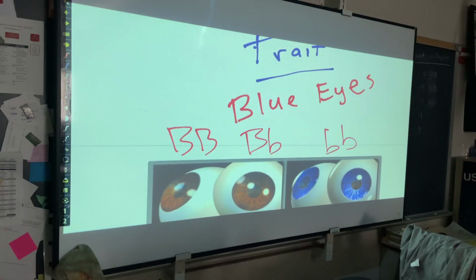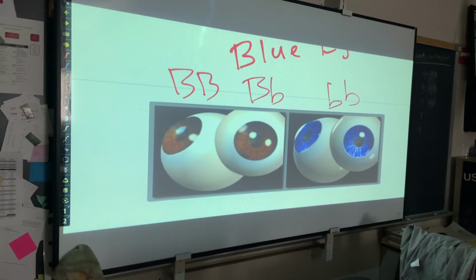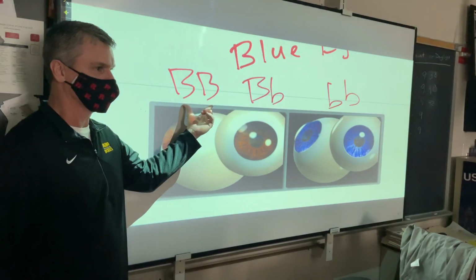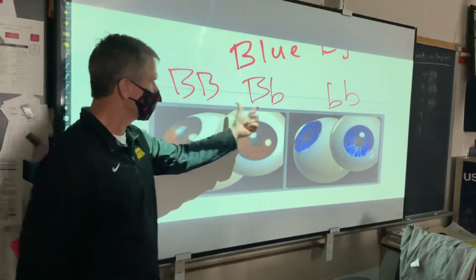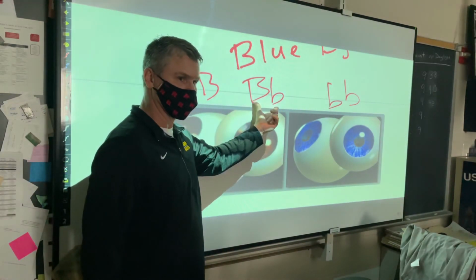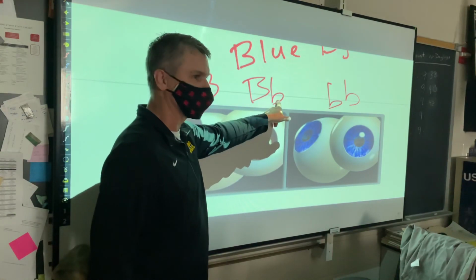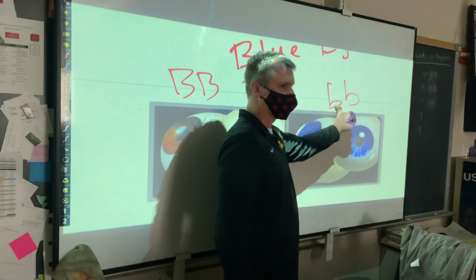Now I'm going to put this up. We're just about done here. So if I have a person and I check his genes or her genes and they have homozygous dominant, what color are their eyes? Brown. Look at this one. If a person's heterozygous, what color eyes? Brown. Because this one covers this one. Okay? And then here, there's no way this person is ever going to have brown eyes.